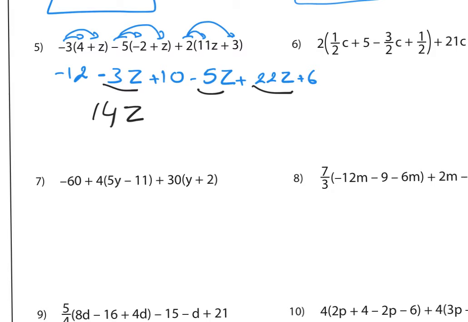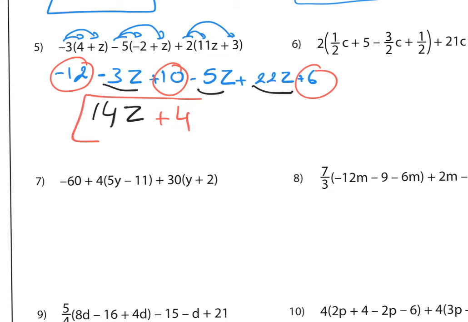Then we have negative 12 and positive 10 and positive 6, right? Negative 12 plus 10 will be negative 2, and negative 2 plus 6 will be positive 4. So the answer would be 14z plus 4.